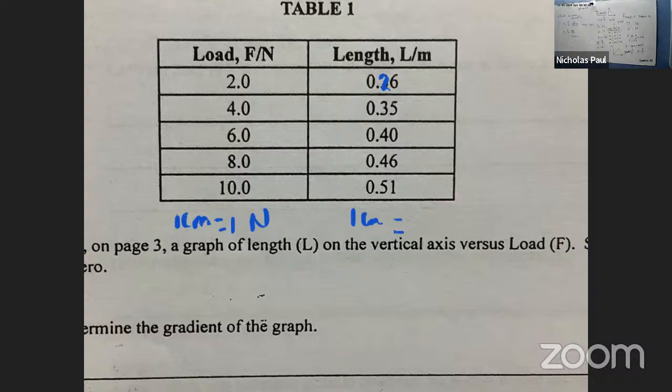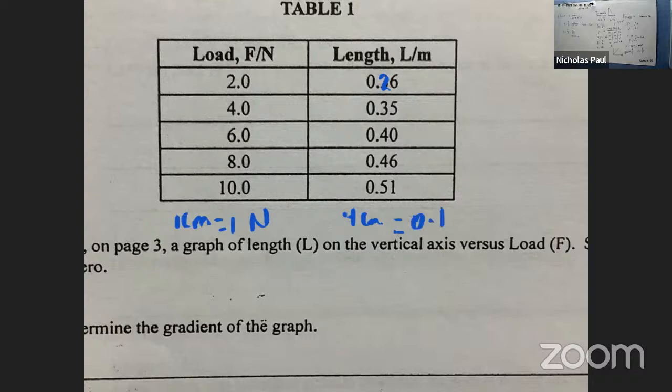I'm not sure they have a formula method, but you can start with something easy. 1 centimeter is how much? 0.1? 1 centimeter is 0.1. You can double up. Could you go more than that? Could you go 4 centimeters is 0.1?